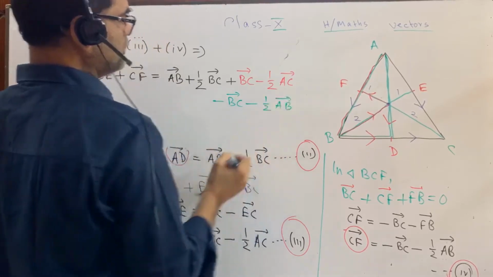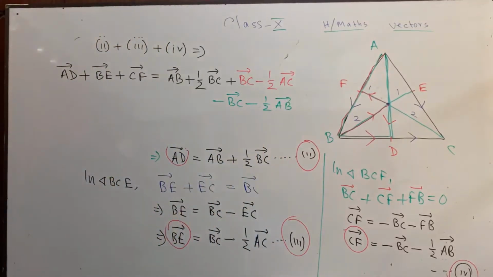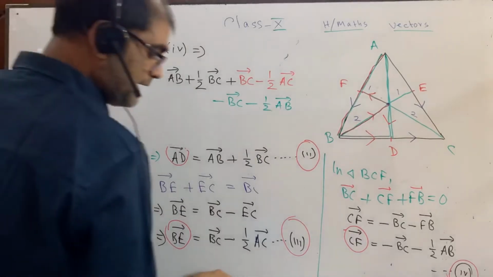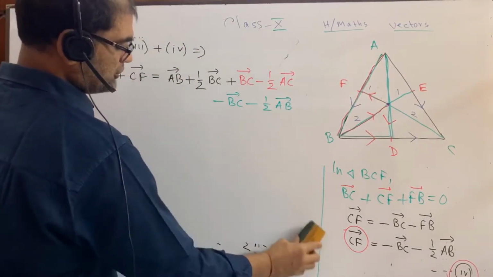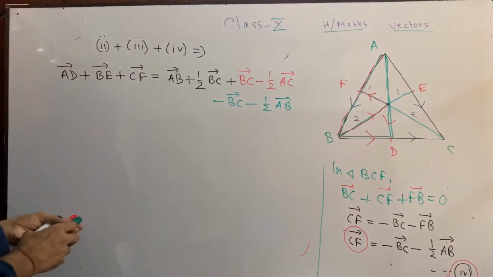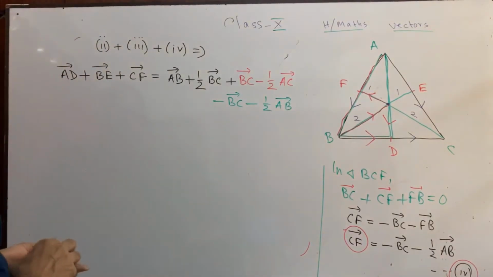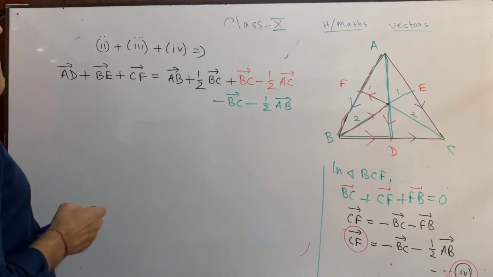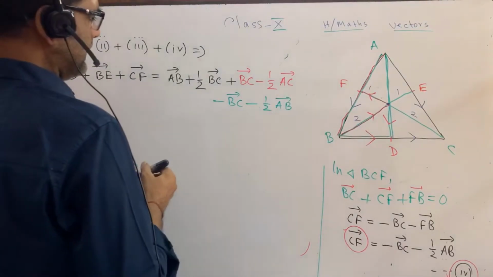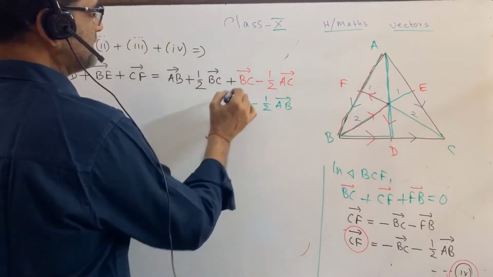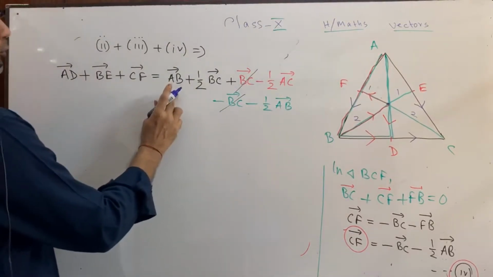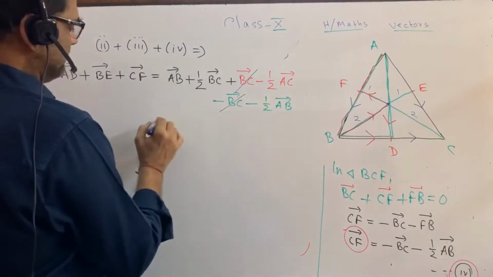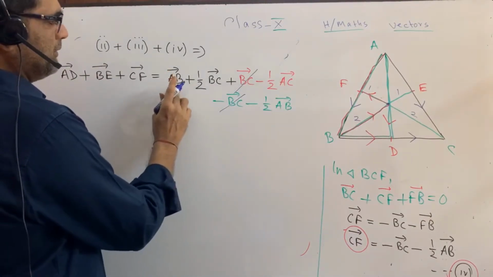What I have done actually? I have added equations 2, 3 and 4. Now you see, minus BC plus BC will be omitted. Then this is AB, 1 AB, and this is minus half AB, so 1 AB minus half AB.